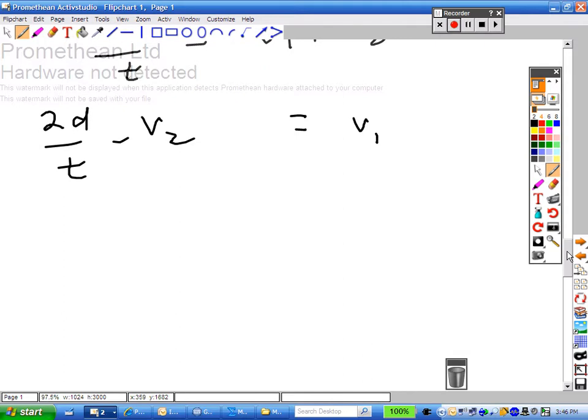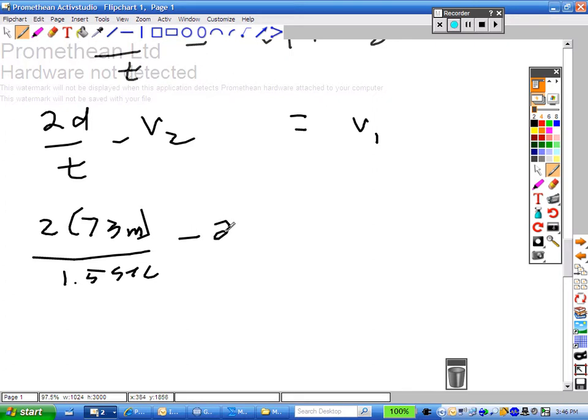At this point, we can substitute the numbers for the variables, and we take 2 times the displacement, which is 73 meters, divided by the time, which is 1.5 seconds. Subtract from that the v2, which is 25 meters per second. And we get v1 of 72 meters per second.